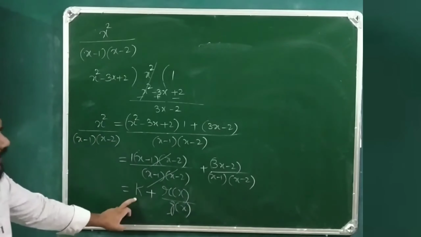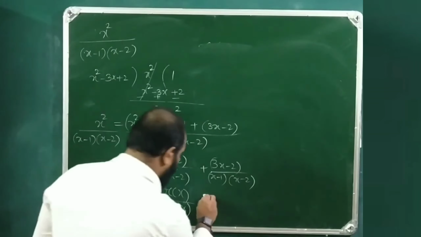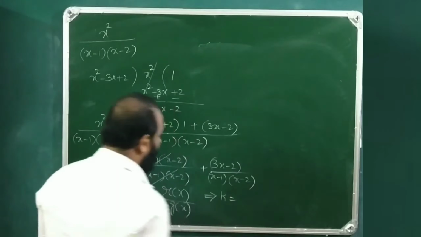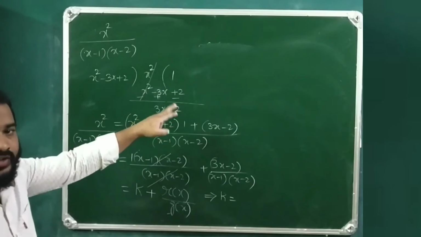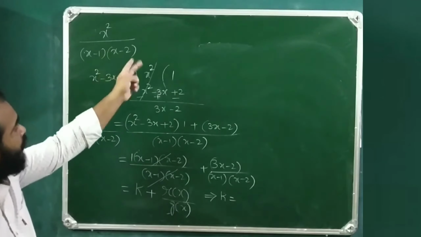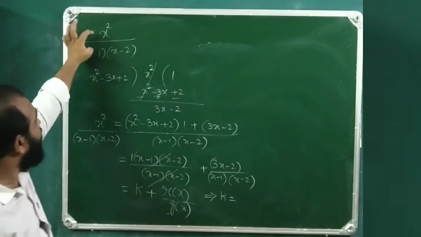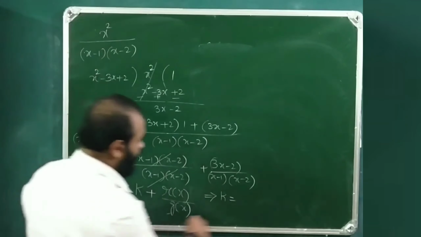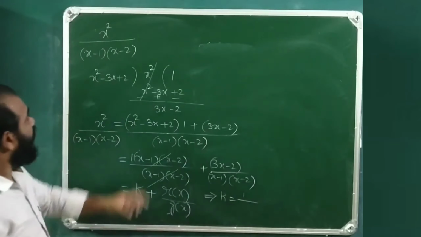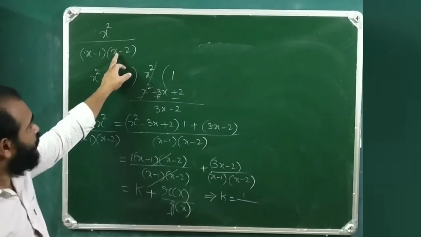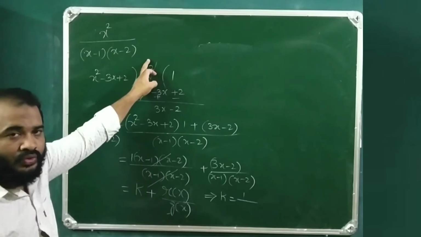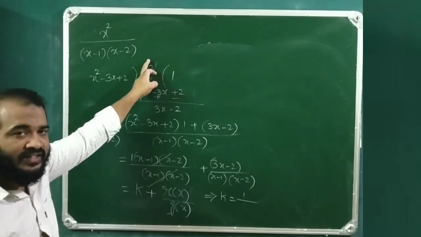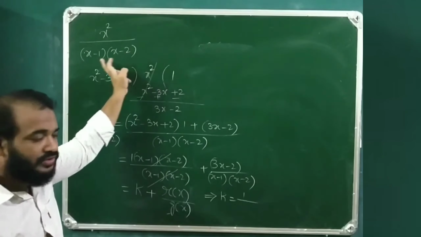So k is nothing but the coefficient of the highest degree term in the numerator, x square, whose coefficient is 1 here, divided by the coefficient of the highest degree term in x square minus 3x plus 2, which is also 1.